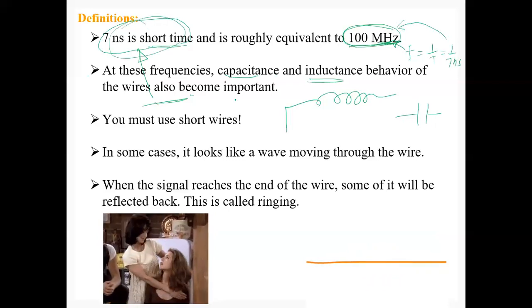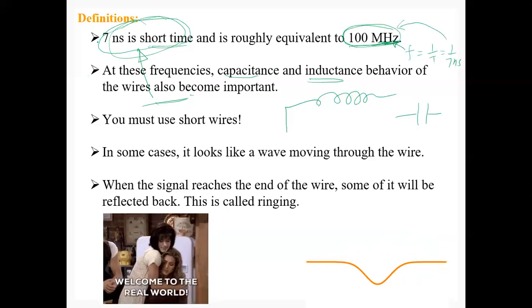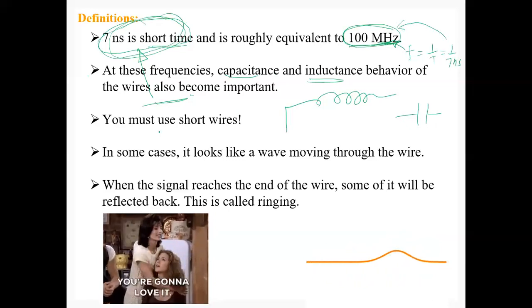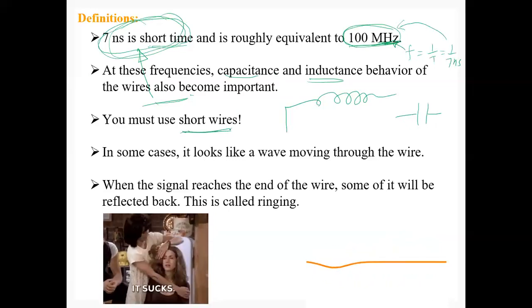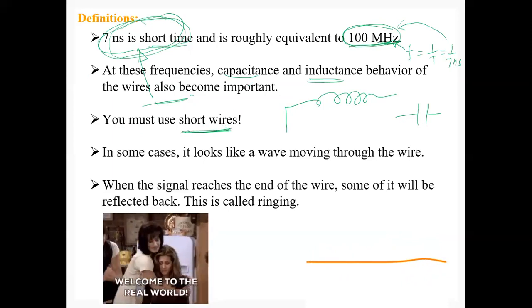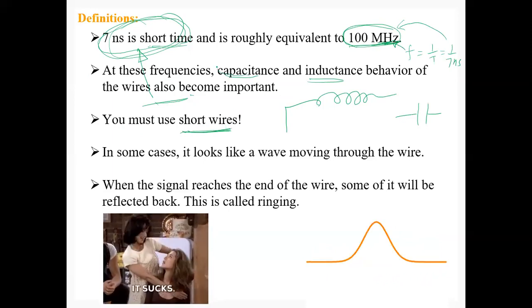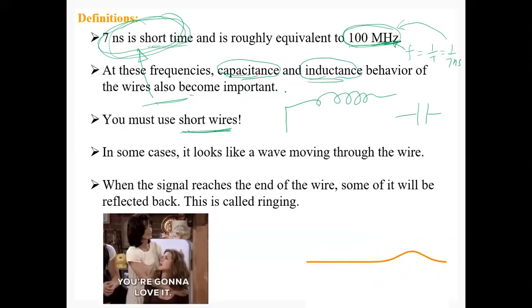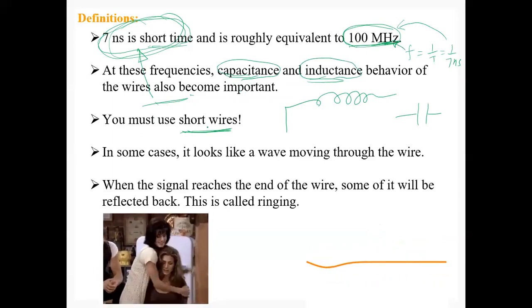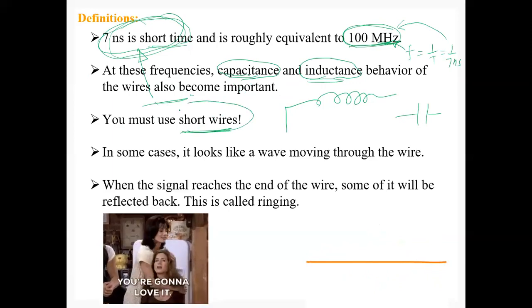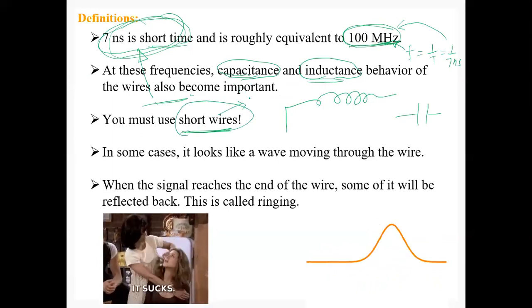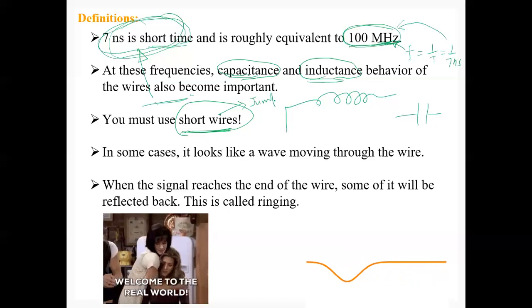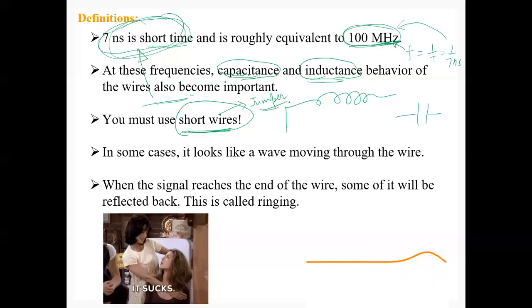So you must use short wires to decrease the effect, because you don't want unnecessary capacitance and unnecessary inductance. That's why instead of using long wires, you use short jumper wires. Short jumper wires will eliminate this problem.